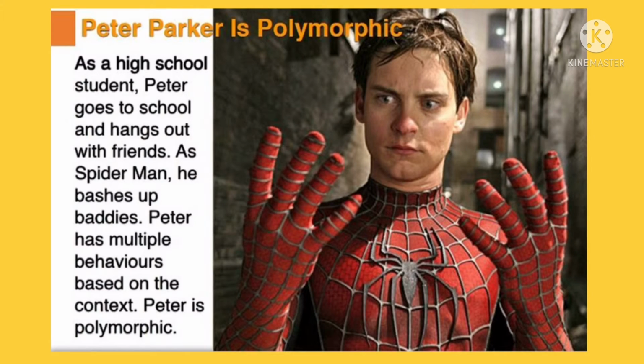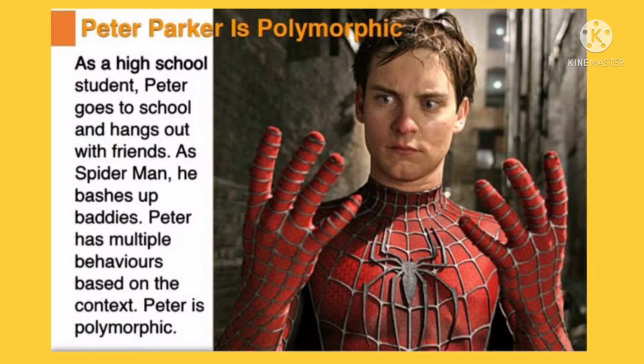Guys, you all are familiar with Peter. Peter is polymorphic. How? As a high school student, Peter goes to school and hangs out with friends. On the other hand, as Spider-Man, he bashes up bodies.